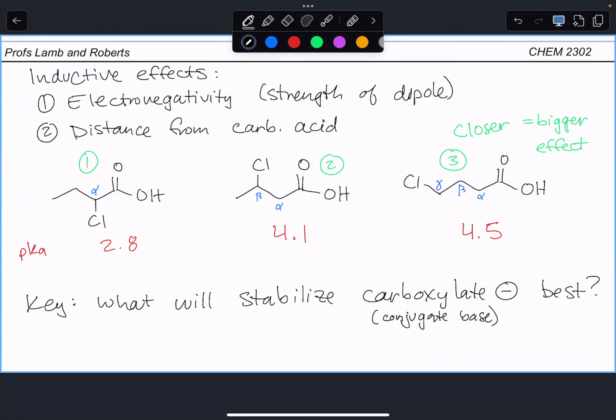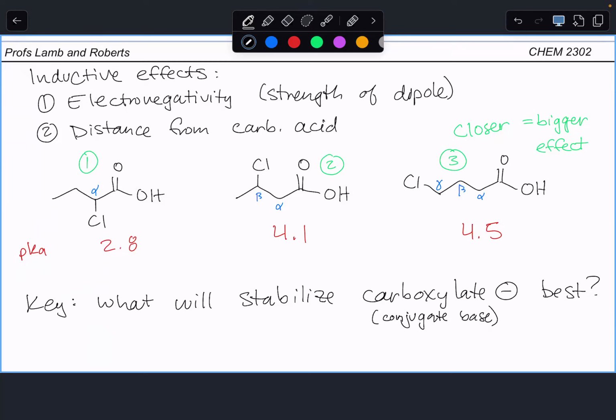Right, so we think about that. We deprotonate, we form a negative charge. The more that negative charge has to just sit on one atom, the less stable it is. But the more we pull electron density away from that negative charge, the more stable it is. So that's why having more electron withdrawing groups is helpful, because you're stabilizing the negative charge. That makes sense?